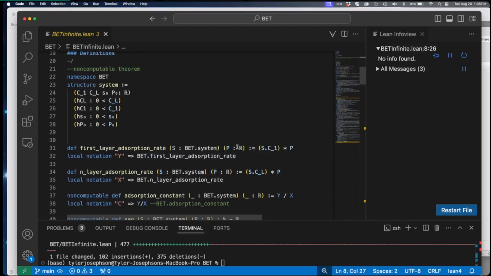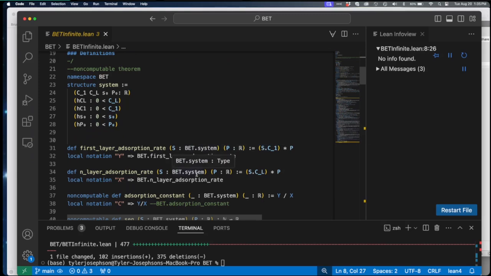So this is a function of P, and it takes in the whole BET system. Because we're taking the whole structure, BET system, into this function, that's how we have access to C1. And when other kinds of functions take in this structure and they refer to C1, they're referring to the same kind of thing.